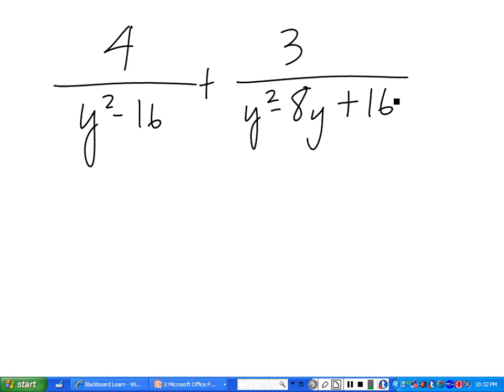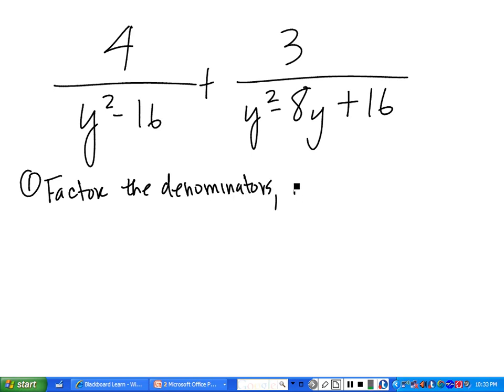Alright, now recall the steps that we went over earlier, and the first step was factor the denominators if applicable.